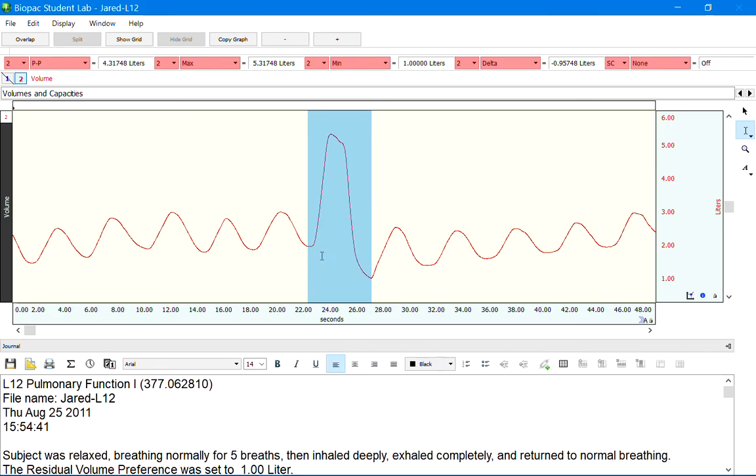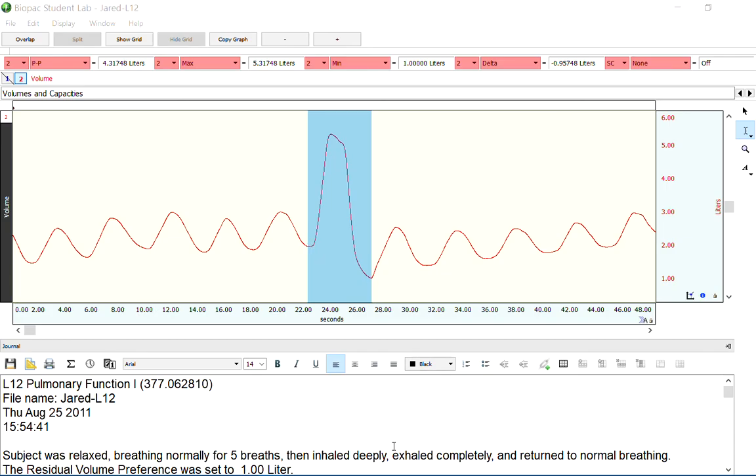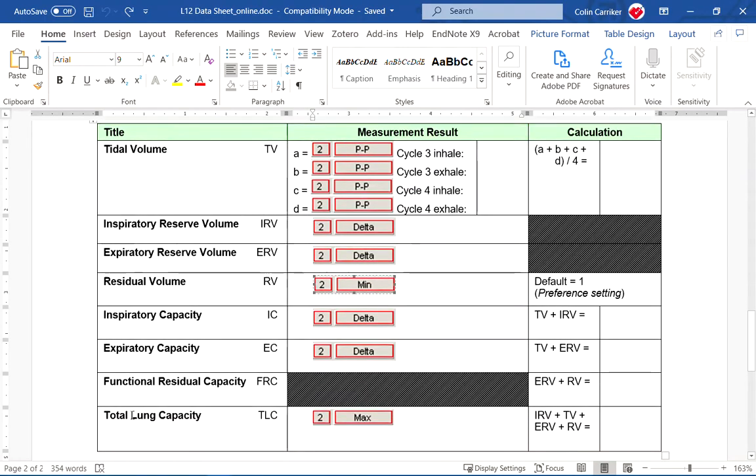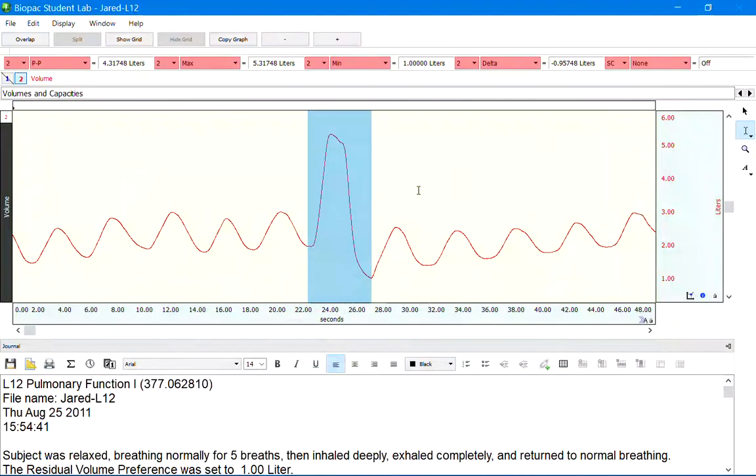You'll notice from the expiratory reserve volume that I have highlighted, from the minimum exhale to the maximum exhale, we're going to use, again, let's do this properly, 2 delta. Now, because we've also got the minimum value highlighted, similar to the maximum that was highlighted during the measurement of inspiratory reserve, where we wrote down lung capacity, total lung capacity, we also have 2 minimum. So here we have 2 delta.